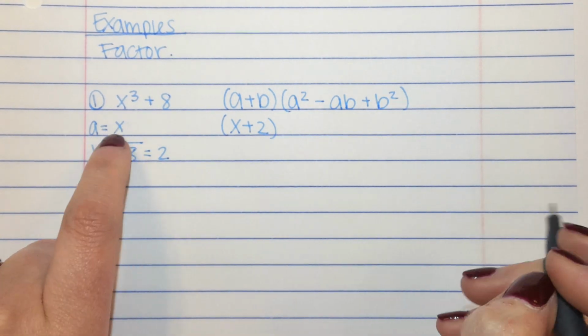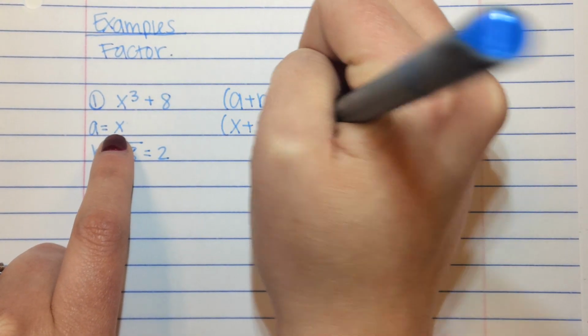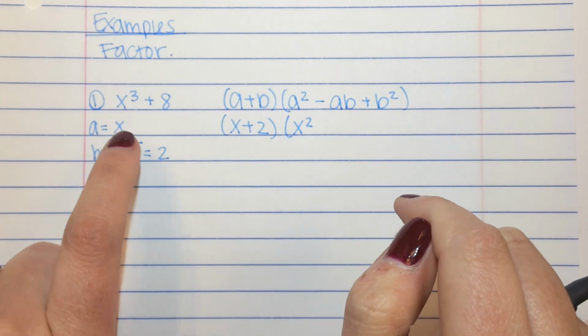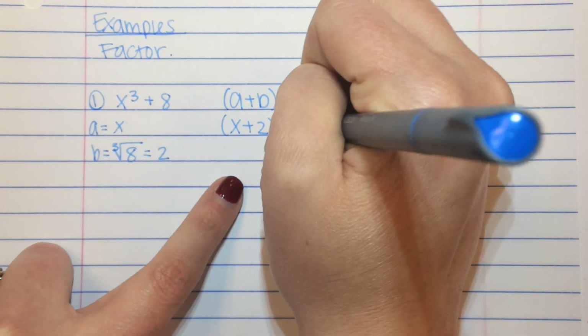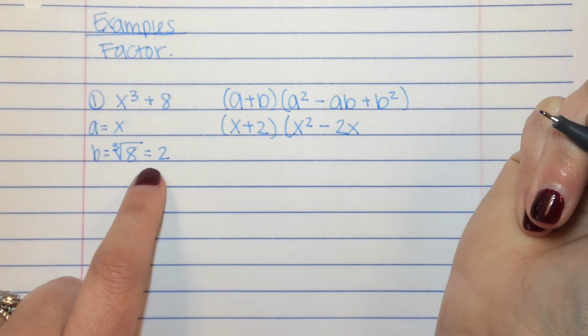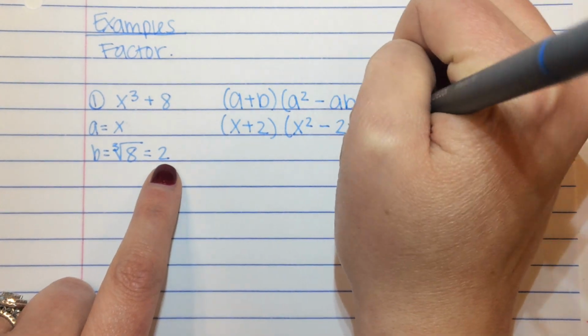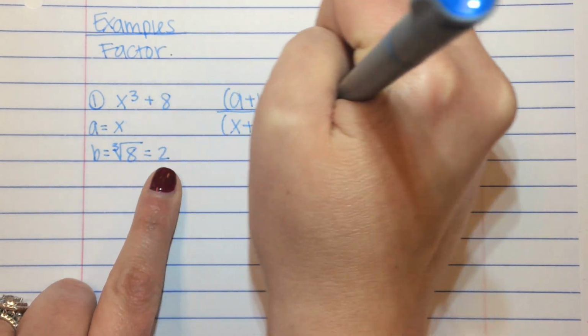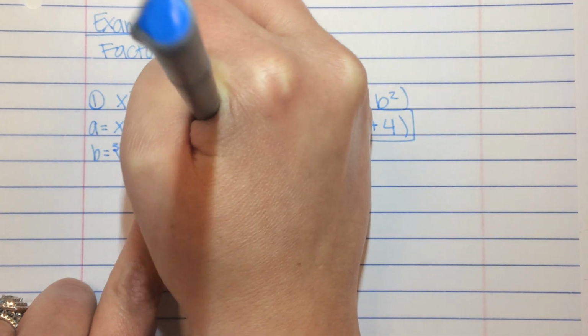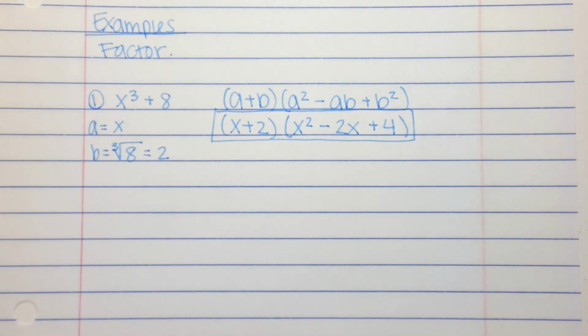So a squared would be x squared minus ab. So minus x times 2, we'll just say that's minus 2x. And then b squared, so 2 squared is 4. And that's it. You're finished. Okay, so all we did was identify a, identify b, plug them in to the formula, and you're done.